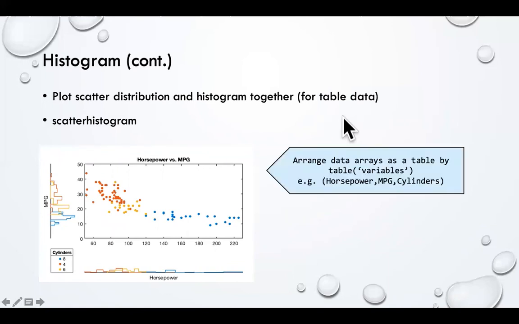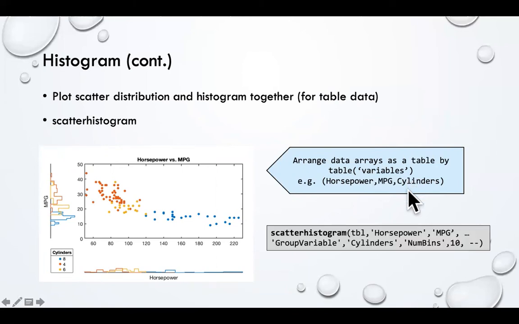So here I have an array of horsepower, an array for MPG, and an array for cylinder. You just need to put these three variables inside the table command. So you just type table and put those three arrays in it. And once you make a table, you can use this scatter histogram command.